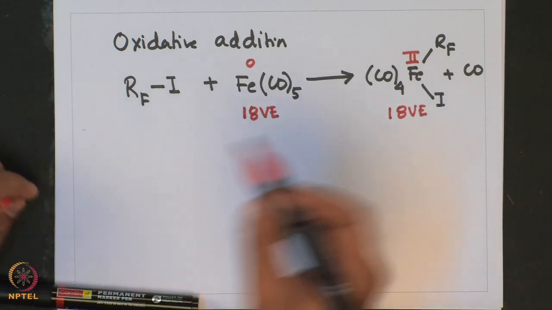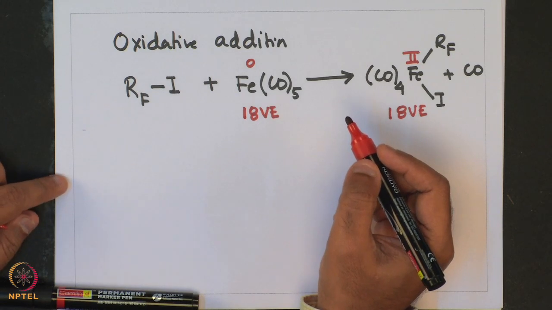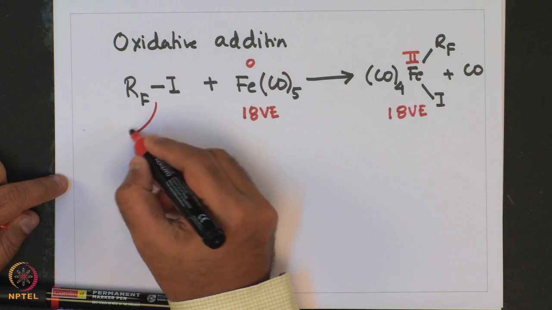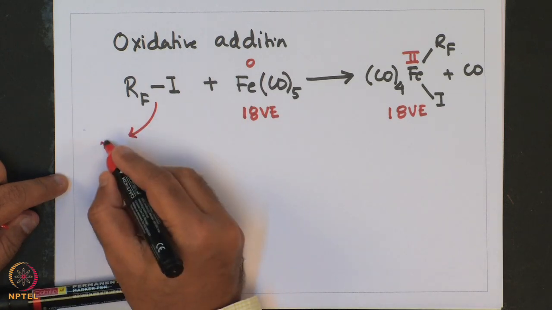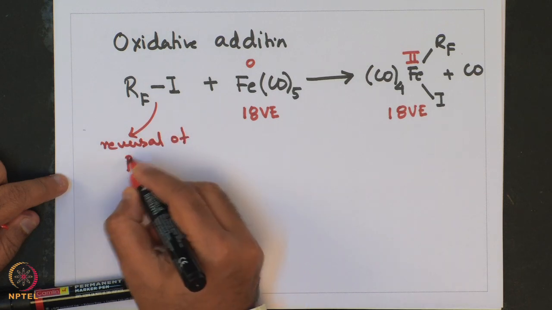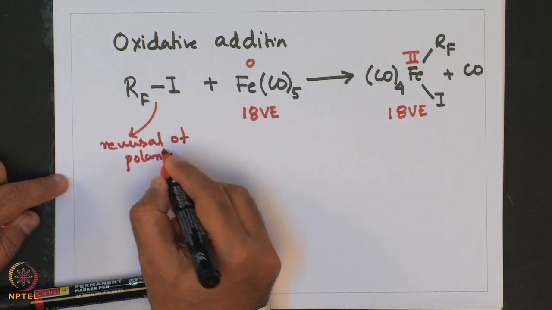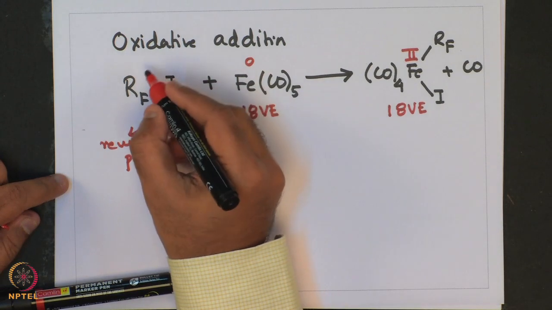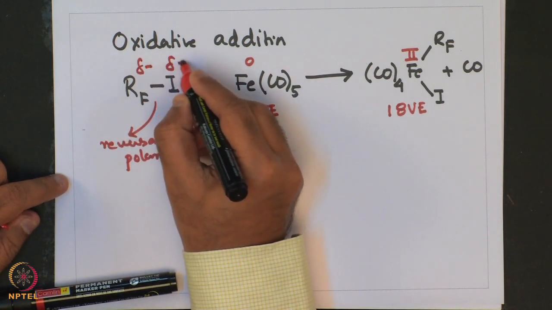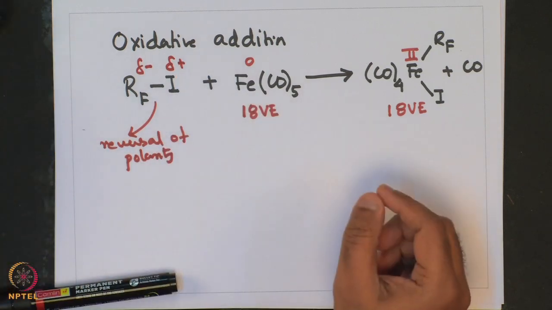As discussed in our earlier lecture, there is a reversal of polarity in this RF-I bond, and the RF side is carbanionic, whereas the iodide side is carbocationic.